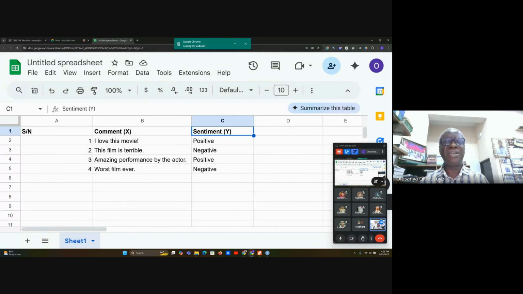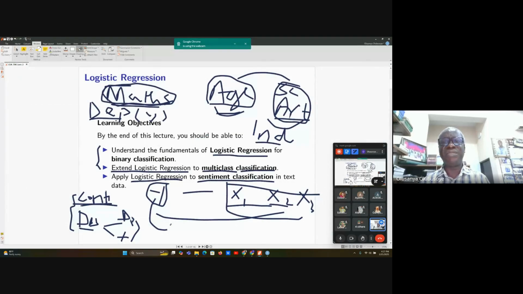For instance, we could also have people who will be neutral. So if we have another comment now that is neutral, then the categories will be either positive, negative, or neutral. And then there will be 3 categories. So that is when we are dealing with multi-class classification.